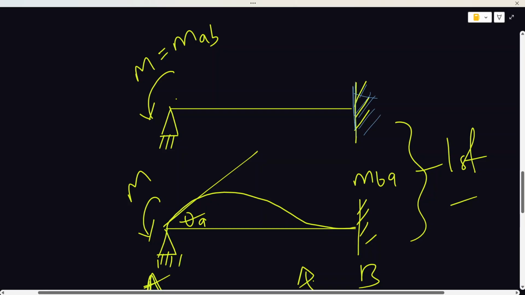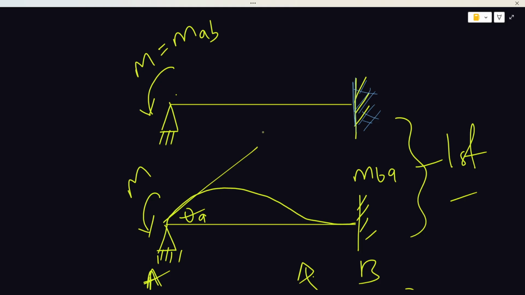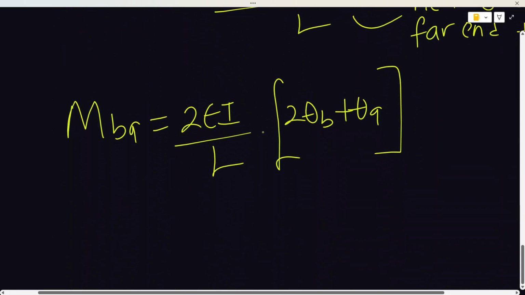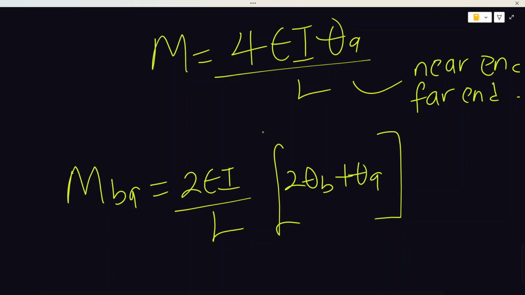So since B is a fixed end, I can put theta B to be 0.